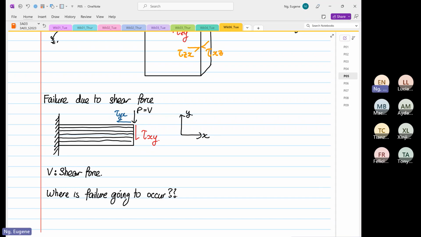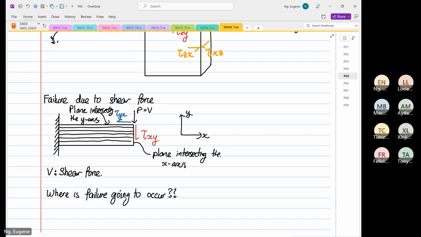Is it going to occur on the plane intersecting the x-axis, or is it going to fail on the plane intersecting the y-axis?